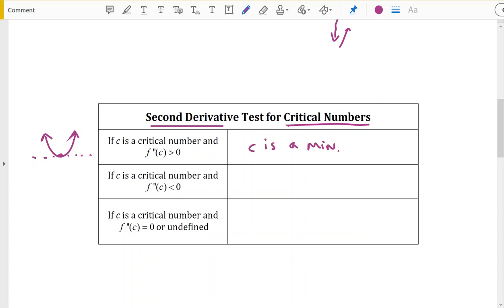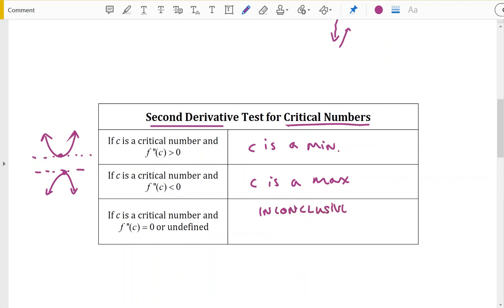Conversely, if c is a critical number and the second derivative is less than 0, it must be concave down, and that tells us that c is a maximum value. And then we learn that if c is a critical number and the second derivative is 0, or we didn't see this in our problem, but we might see it other times, if the second derivative is undefined, this is inconclusive.